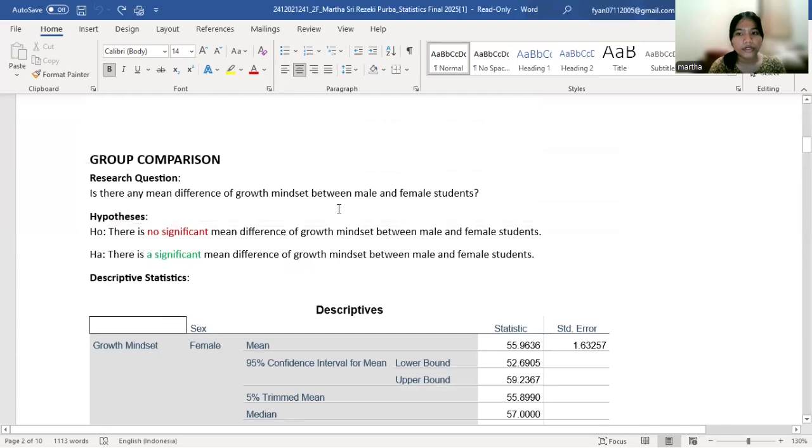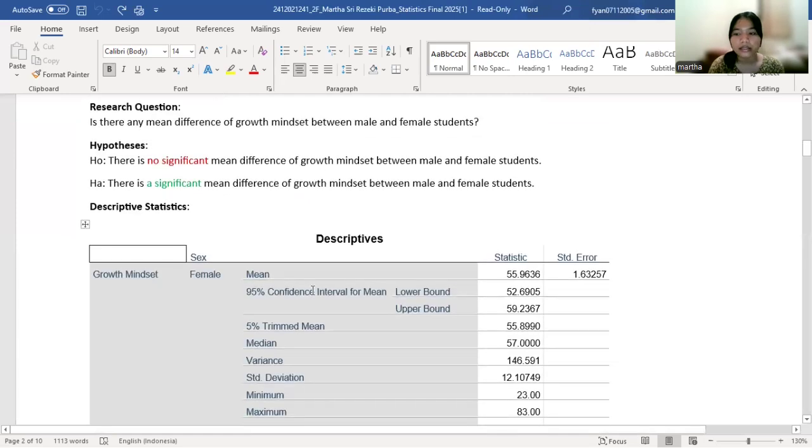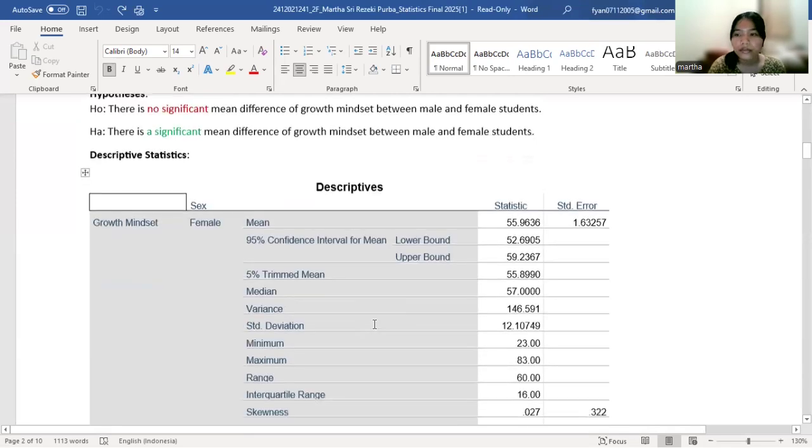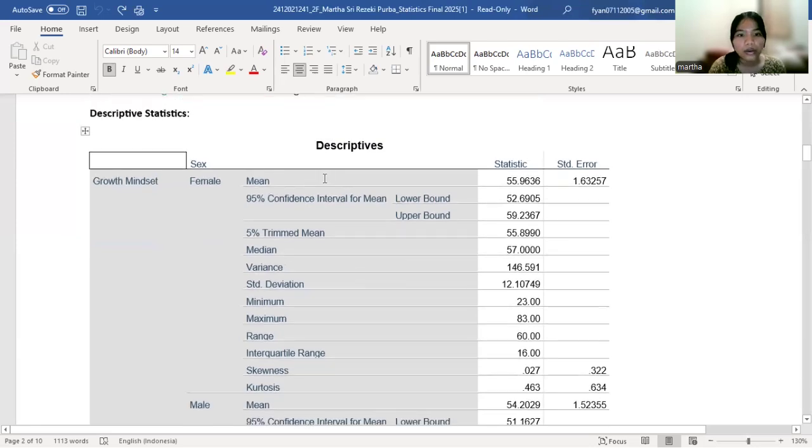Okay, after I'm doing the t-test and I have these tables, the first table is the descriptives table. You can see from here the mean score between female and male.